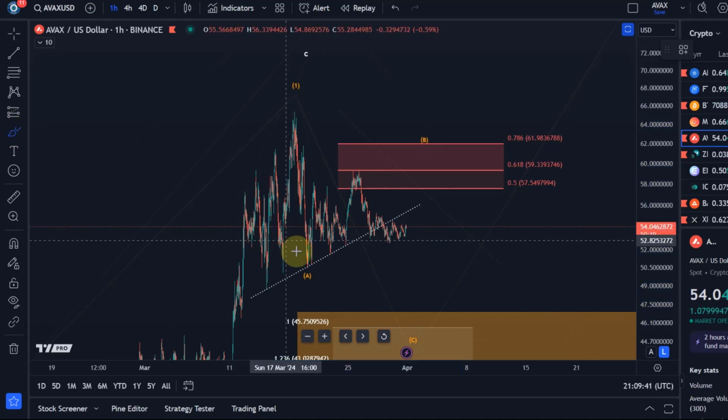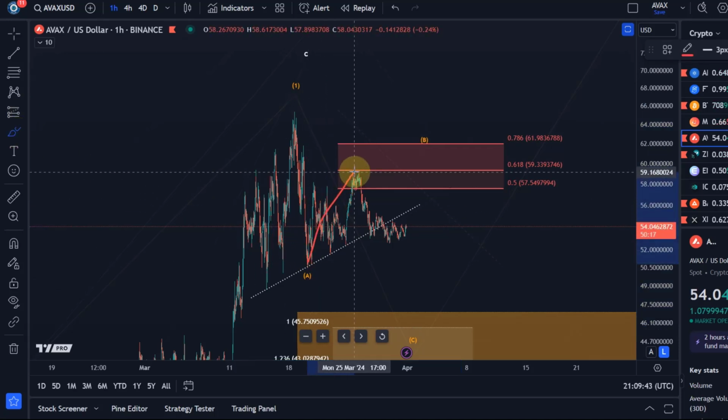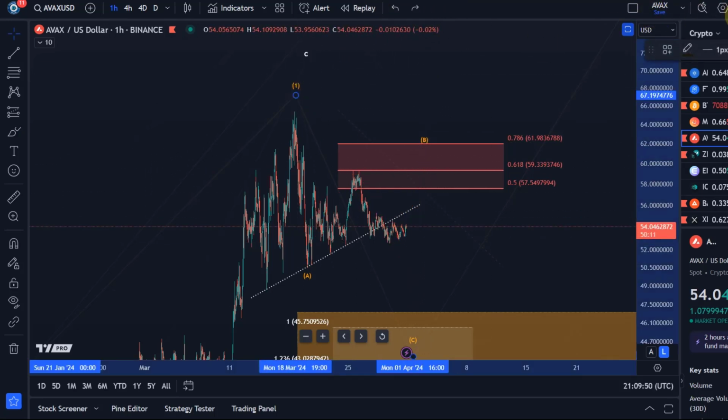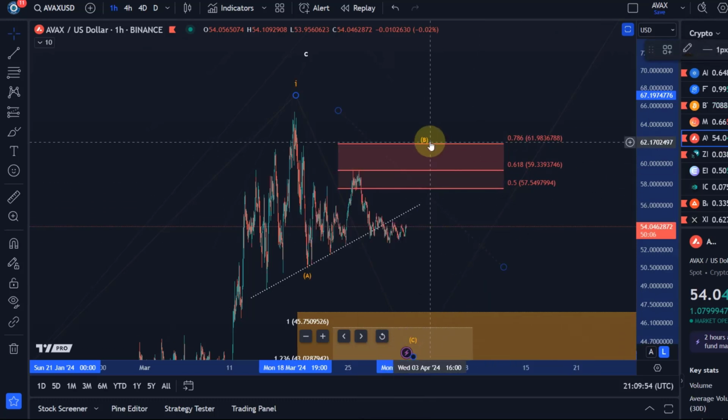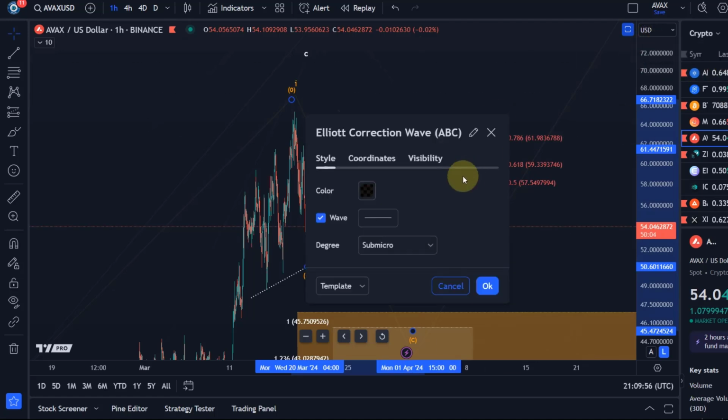Okay, how does that work? Well, this move up would be an A wave. This move down would be a B wave, and this move up would be a C wave. ABC. So let me change the wave degrees actually, and I can show you that a little bit more clearly here on the chart.